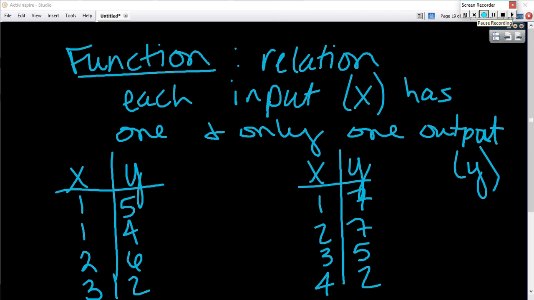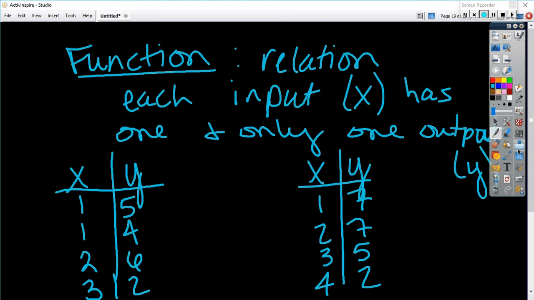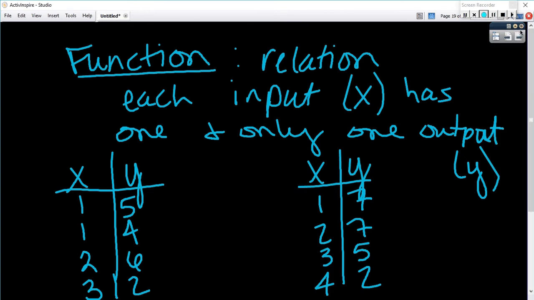All right, so let's think about the definition. One and only one output for each input, okay? So some of you said the first one's not a function and some of you said the second one's not. One of them is and one of them's not, okay? If I look at the value 1 for x, how many outputs or y's does it have that go with it?